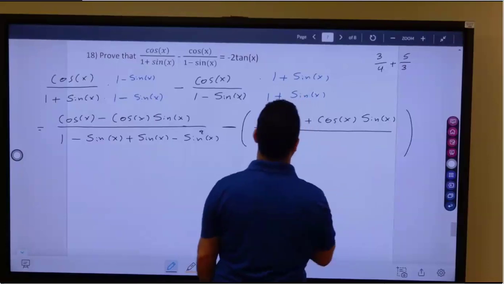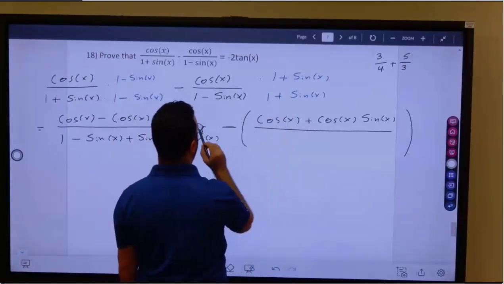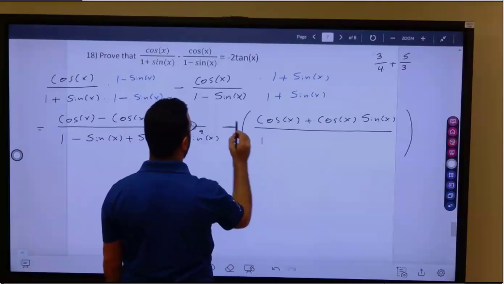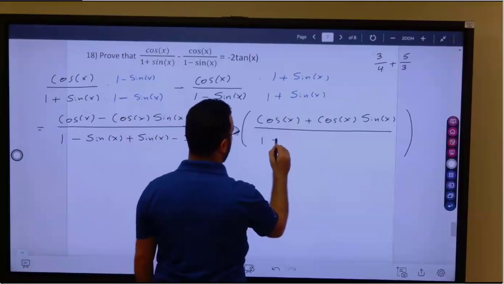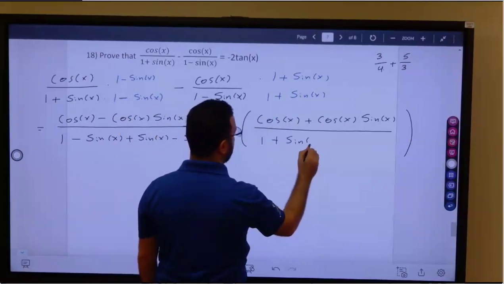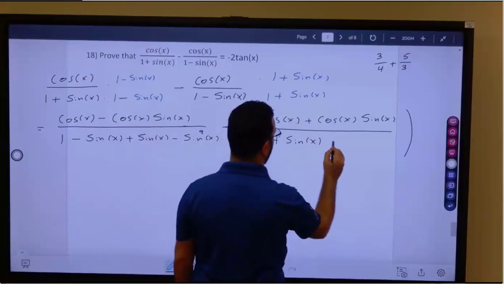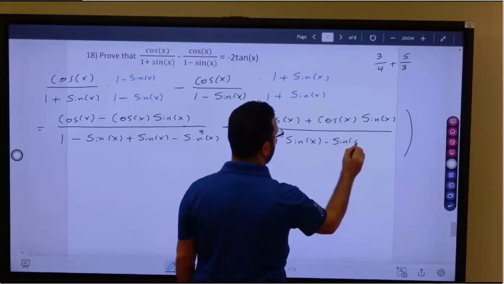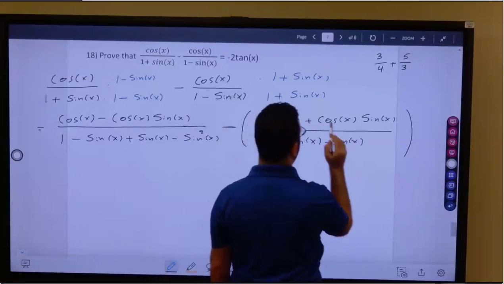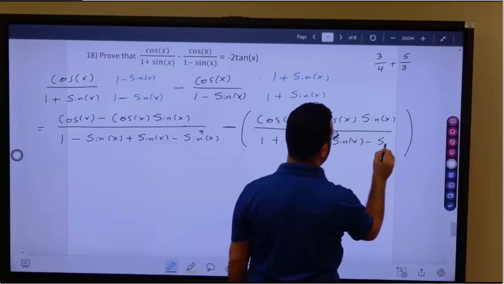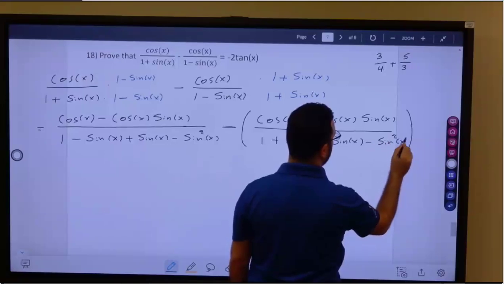And everything divided by, I'm going to FOIL these 2 binomials. 1 times 1, so it will be 1. 1 times sine, so this is sine x. Negative sine times 1 is minus sine x. And negative sine times sine is minus sine squared of x.